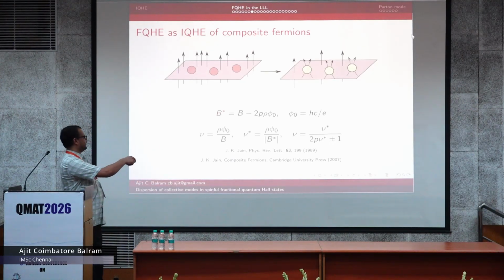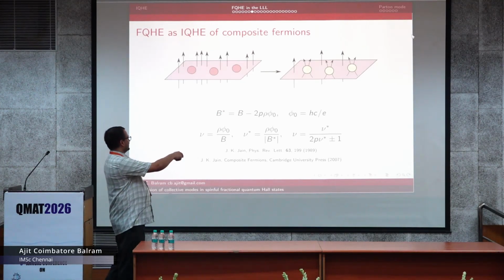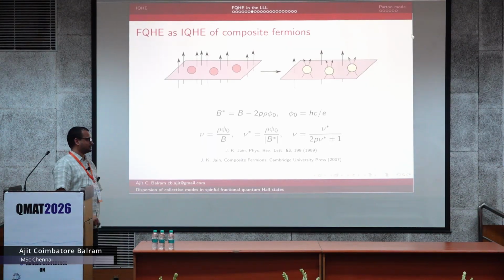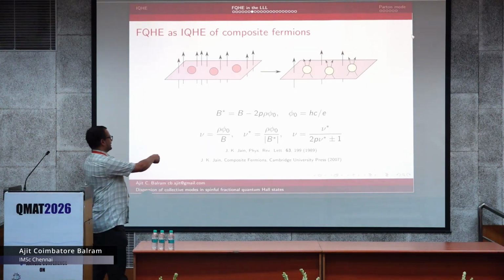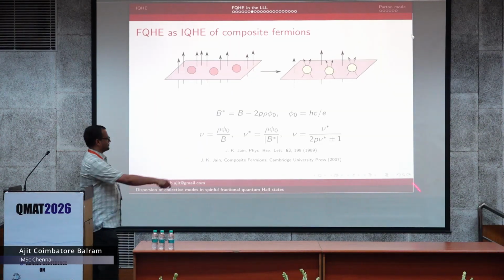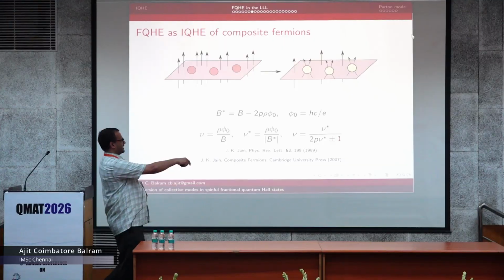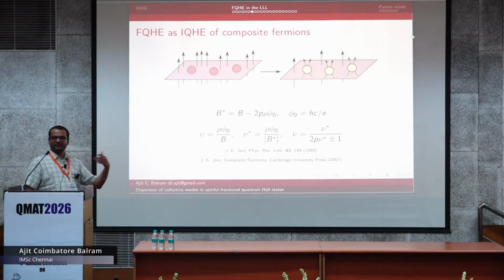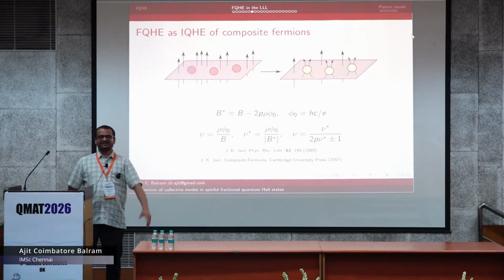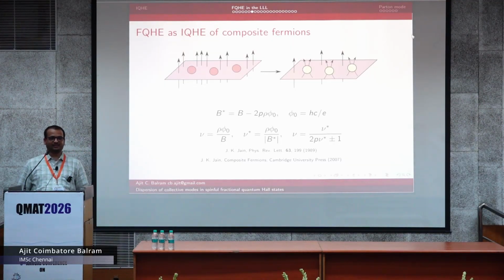So the effective magnetic field seen by composite fermions is the external magnetic field minus the 2p fluxes that you bound to each of these electrons. So that then allows you to relate the filling factor of electrons to the filling factor of composite fermions. And you get this famous Jain sequence of states. So nu is nu star over 2p nu star plus minus 1, and whenever nu star is n, you get this n over 2pn plus minus 1 sequence, which is precisely the most robust sequence that's seen in the lowest Landau level.